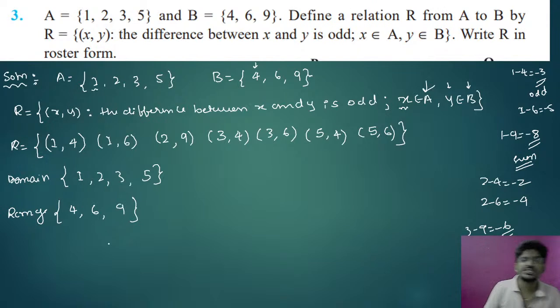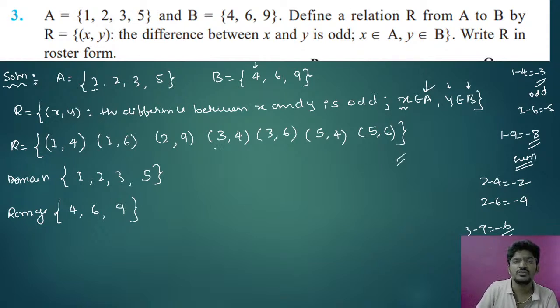Range is 4, 6, 9. So therefore we can write these elements. Clear? Anyway, they have not asked for domain and range. No problem. They have only asked for writing it in roster form.